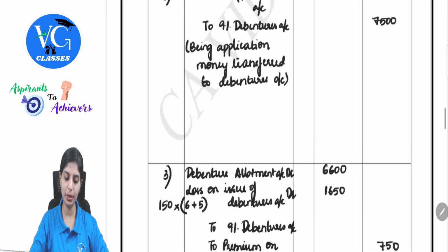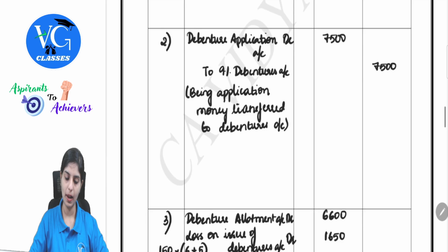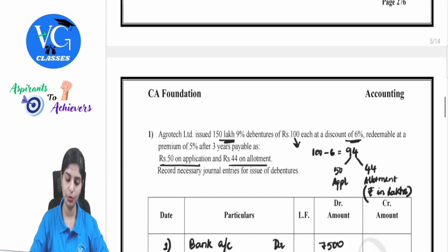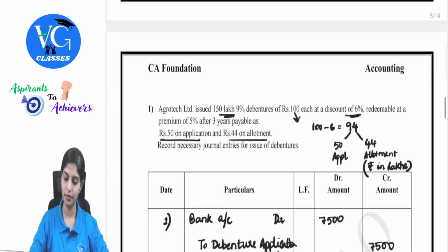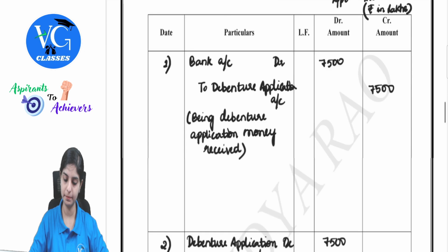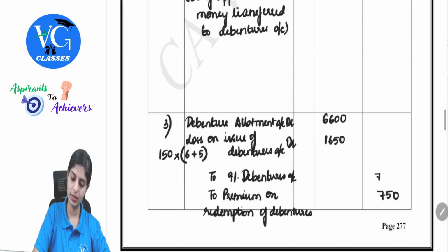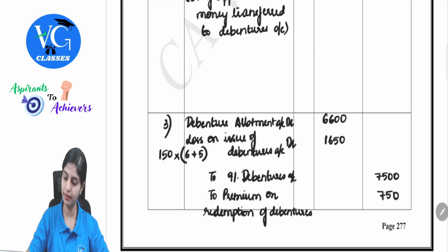How much will go to debentures? 150 into 50, 7,500. Is this clear? All of you understood?